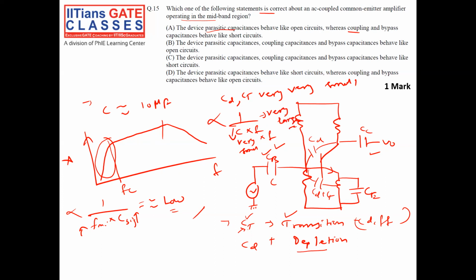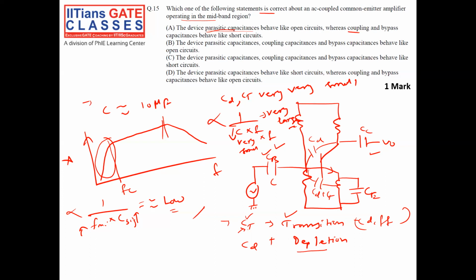Okay, so in the midband, the parasitic capacitance behaves like an open circuit, because 1 by the capacitor is very large. Below the midband, the impedance afforded by the capacitors, which are nothing but CD, CT, the base to collector junction capacitance and base to emitter capacitance, these parasitic, or intrinsic, capacitors afford very huge impedance.